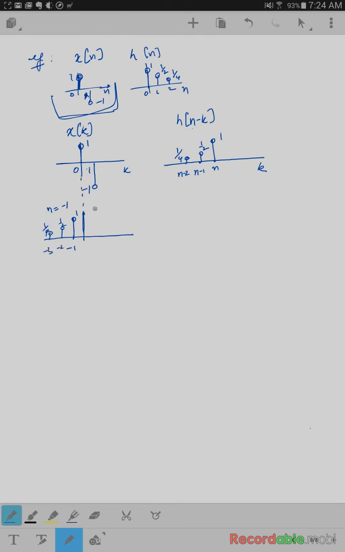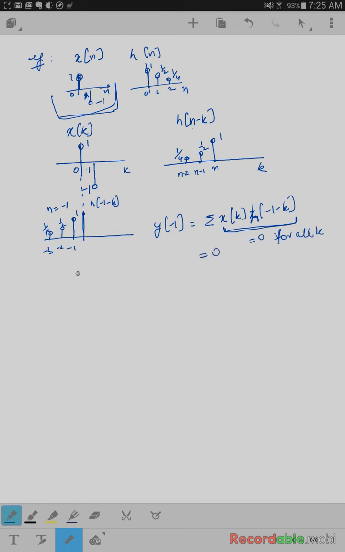Now if you multiply these two signals, there is no value of k at which x of k and h of minus 1 minus k are both non-zero. So clearly y of minus 1, which is the summation of the product of x of k and h of minus 1 minus k, is 0 for all k, which means that y of minus 1 is also 0.